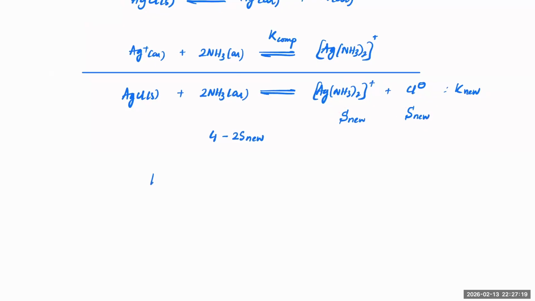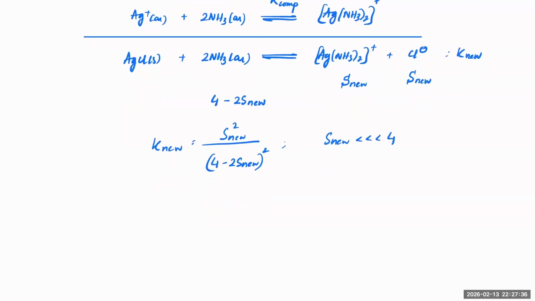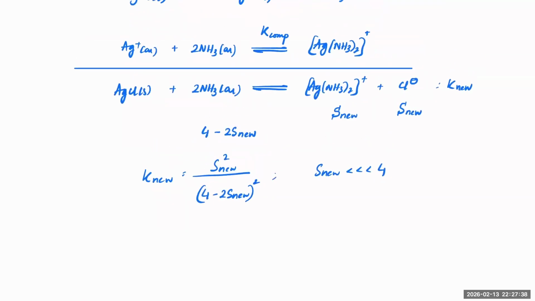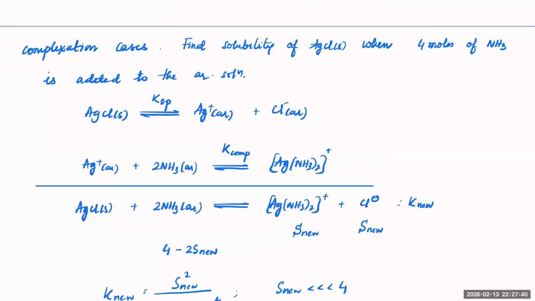So therefore, K new will be equal to S new square by (4 minus 2 S new) whole square. But remember, S new usually will be far, far smaller than the value of 4. I'm writing 4 as moles, but basically it should be added in 1 liter of solution so that the concentration remains 4 only.